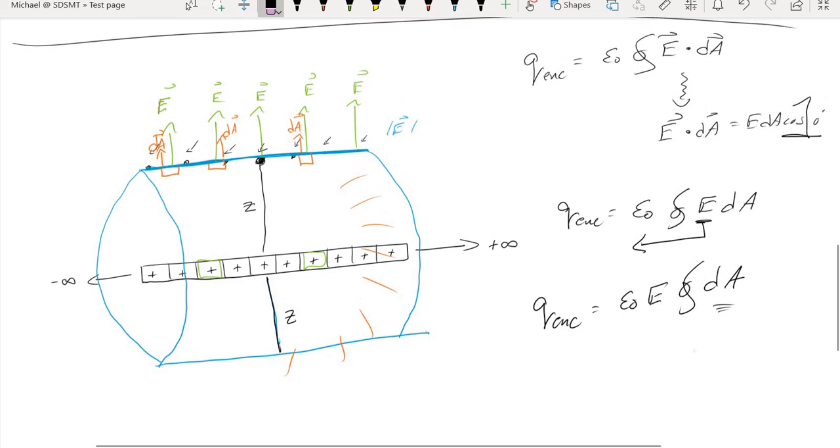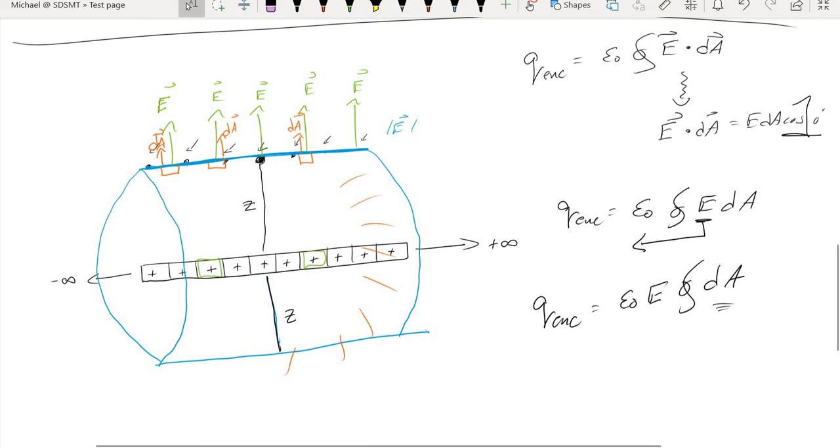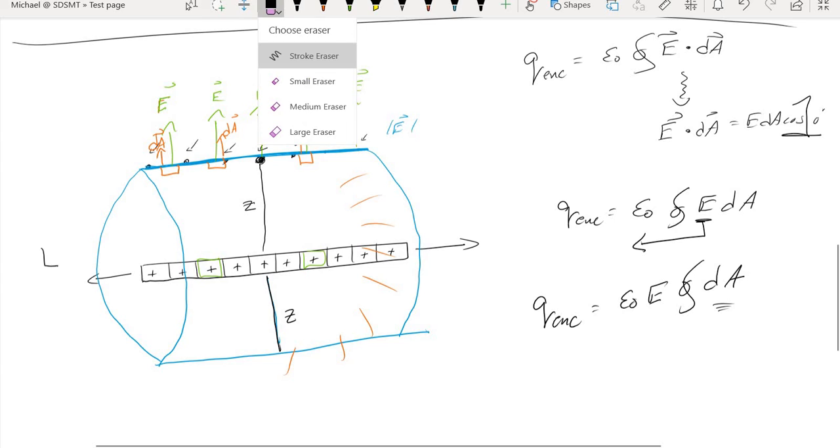So what I'm going to do is backtrack here. We'll take this infinitely long cylinder and pare it down to something that is finite in length. So we can give this line a length of L. But that means as we get closer and closer to one of the edges of the line, we're not going to see as much of a uniform electric field.